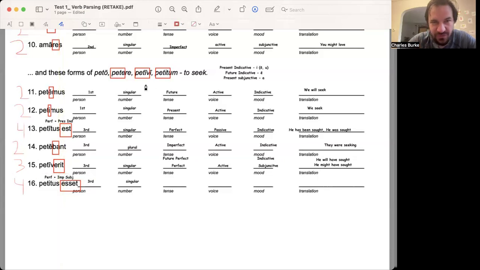The idea of the imperfect subjunctive is it's that infinitive esse plus endings, right? When you take the present active infinitive and you add endings, that's how you get the imperfect subjunctive, esse, esset. So perfect plus imperfect is pluperfect.